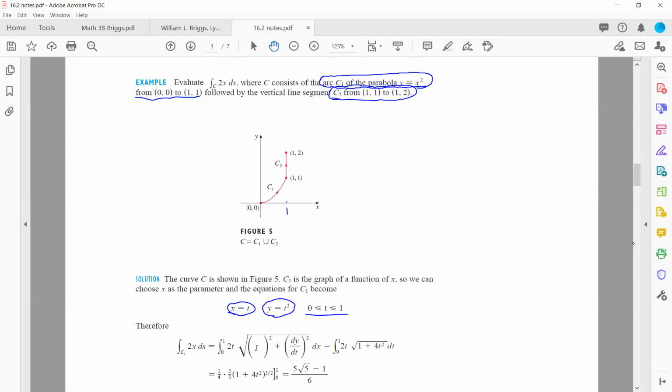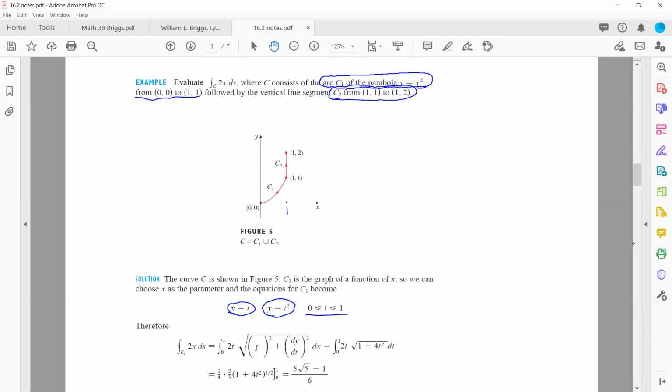The first integral is the integral of 2t, wherever we see x, we plug in t, times the square root of the partial derivative of x with respect to t, which is 1, we raise it to 2, plus the partial derivative of y with respect to t, which is 2t, squared.